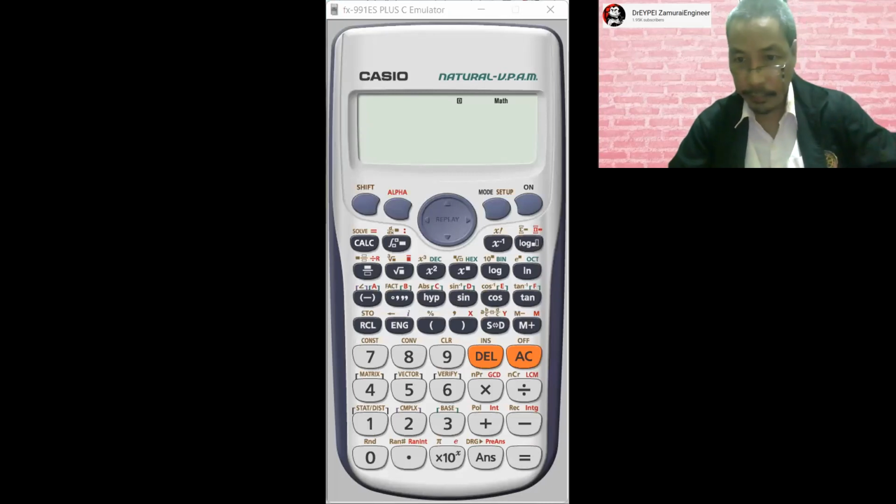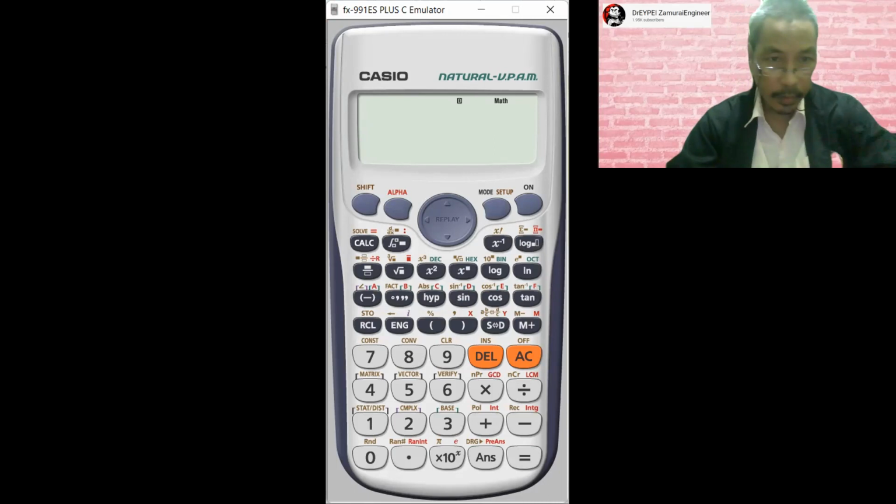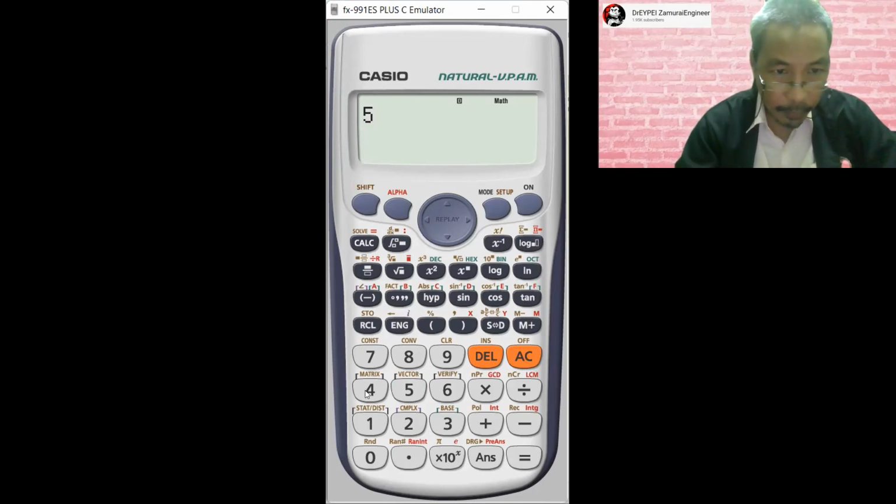Where is the calculator? Here. So, what is the given? The example is 54.75.